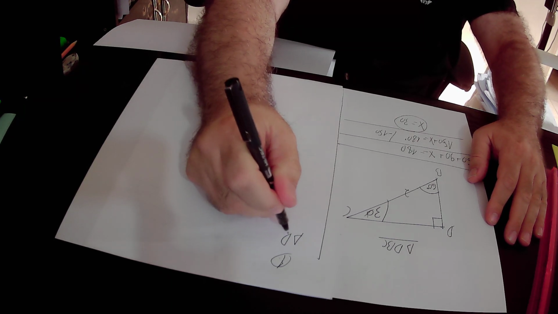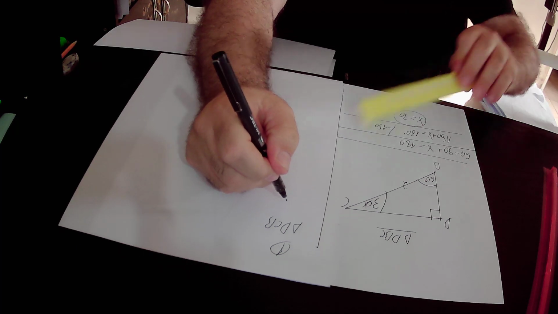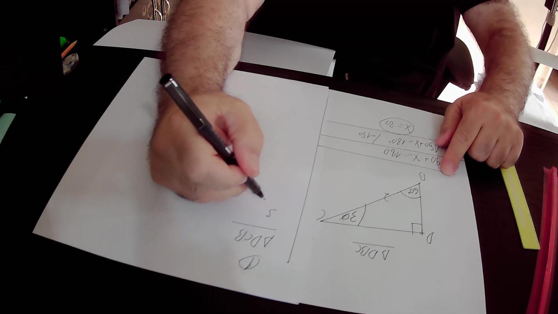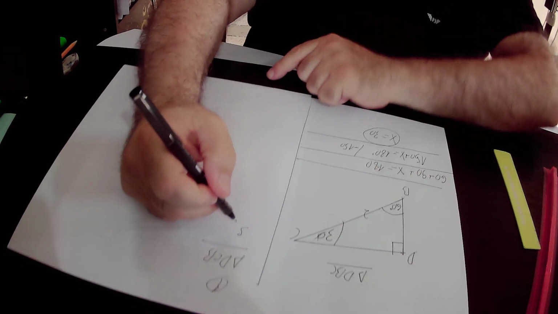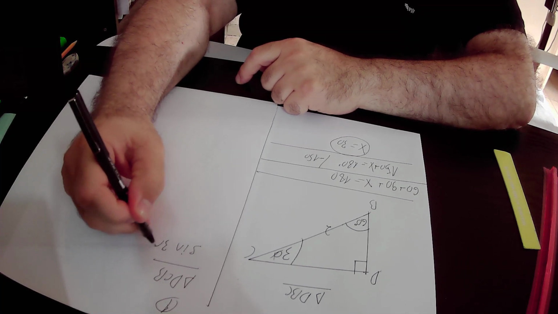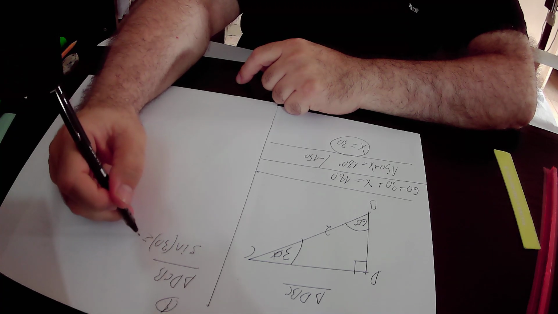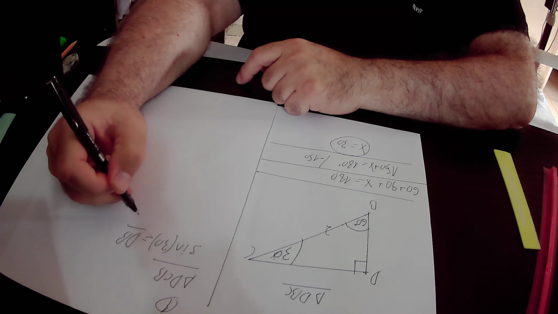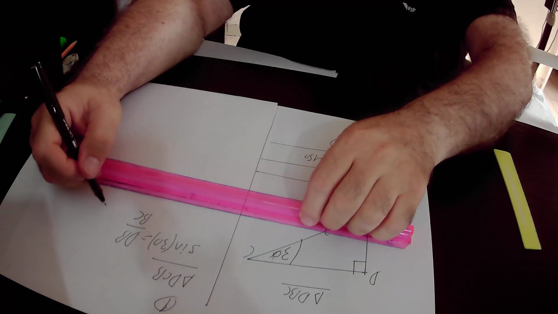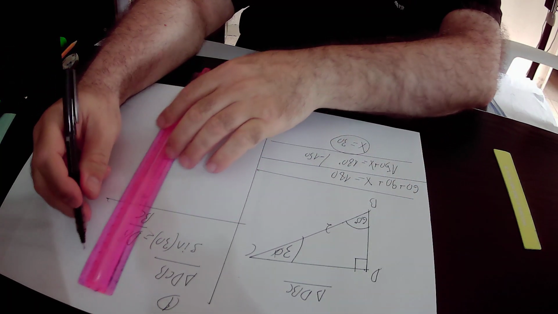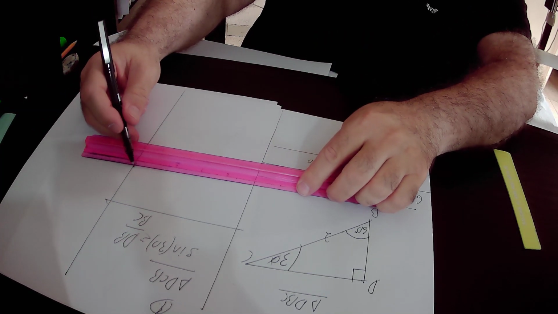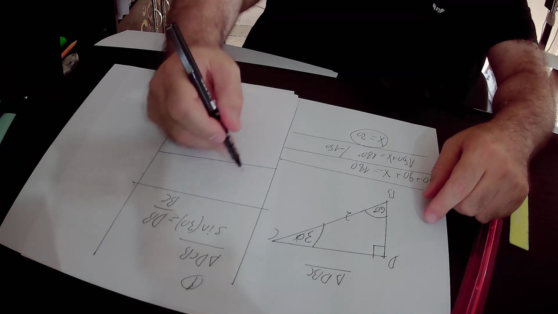On the right triangle DCB, it is very easy to see from the drawing that sine 30 degrees is equal to DB over BC. Sine 30 degrees is 1/2.